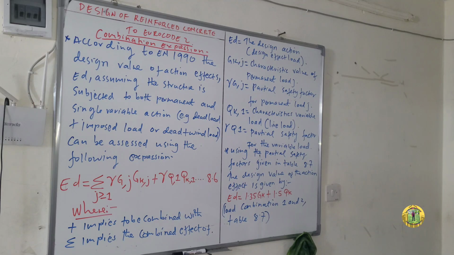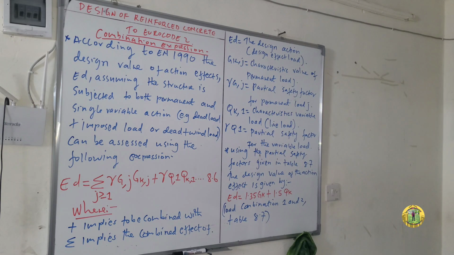For Eurocode, we have permanent actions, which is the same as the dead load in the other code, which is BS 8110. We also have the variable loads, known as the imposed or live load in the other code, and we also have the wind load.